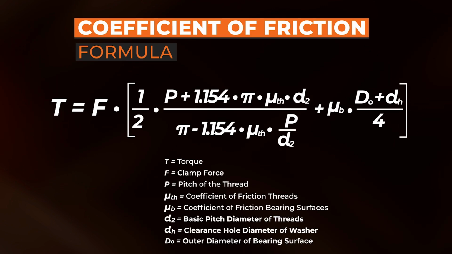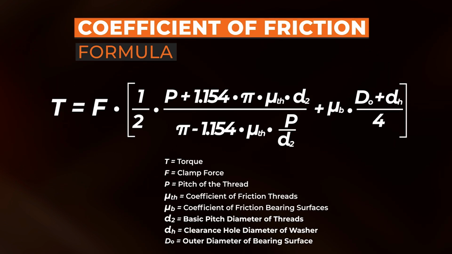Now, this is quite a lot going on within this equation. We have our torque and our clamp force, which are pretty straightforward, but then we deal with all of these components within the coefficient of friction as it relates to torque.